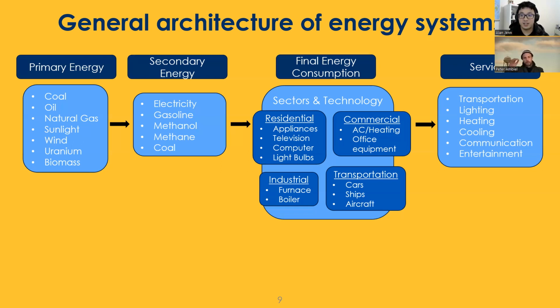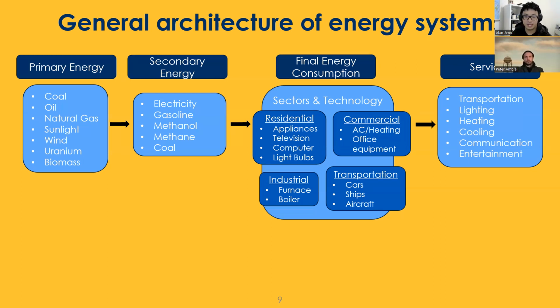And then secondary energy is when it goes through a transformation process. So you can look at some of the components of primary energy, the raw fuels such as coal, oil, natural gas, the sun, wind, and how eventually these get transformed to secondary energy.